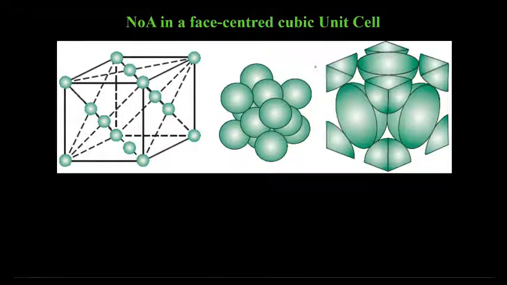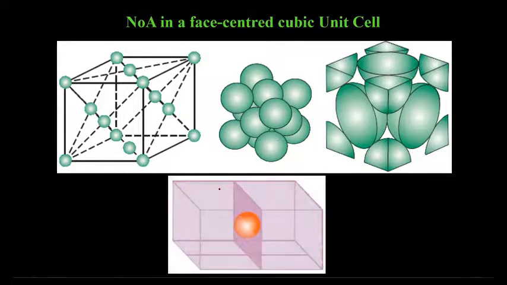Next, the face-centered cubic cell, which normally you will get written as FCC. So remember, we are talking about cubic cells. Mostly, we will be talking about cubic cells. We will not be talking much about hexagonal, rhombohedral, tetragonal, etc. So here, what will be there?